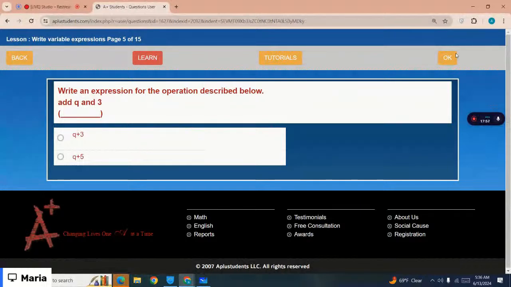Write an expression for the operation described below. Add Q plus 3. So which is the correct option? The correct option is option number 1.